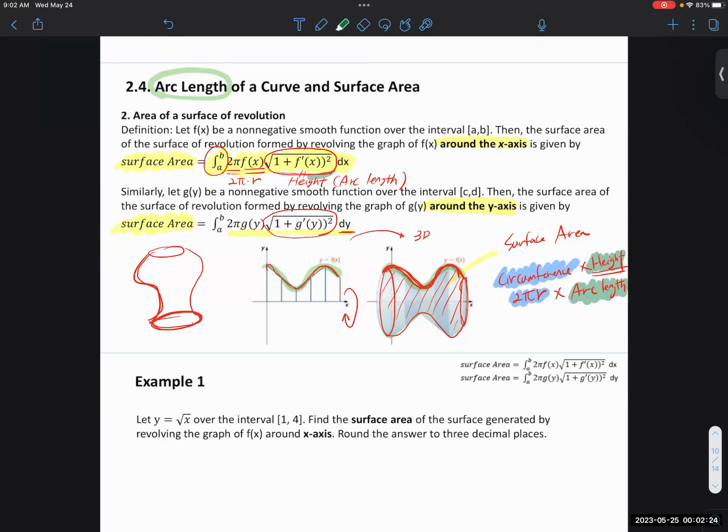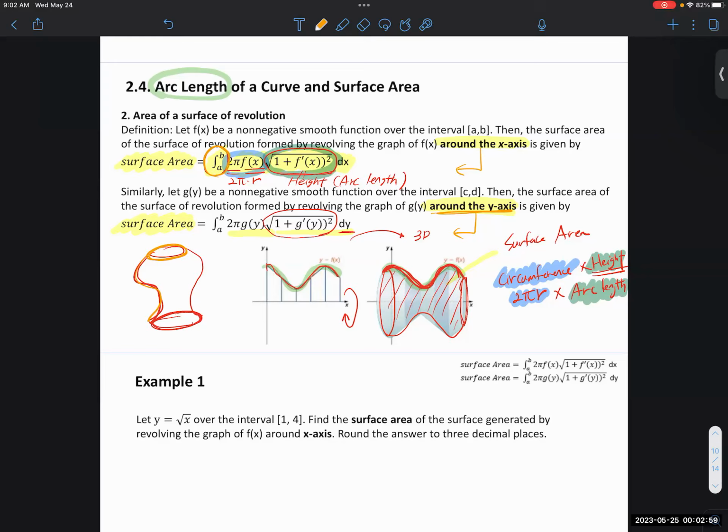That's what we are doing: arc length height times circumference, and then take the integral from a to b, and you can find the surface area. This is when you're rotating about the x-axis. Same thing when you rotate about the y-axis: 2 pi r times the height, and you can do the same in terms of the y variable. What do you guys think? It's very similar to what we did in arc length.